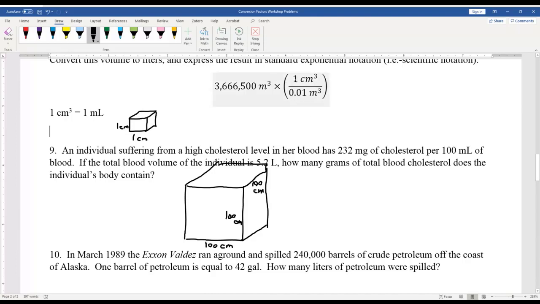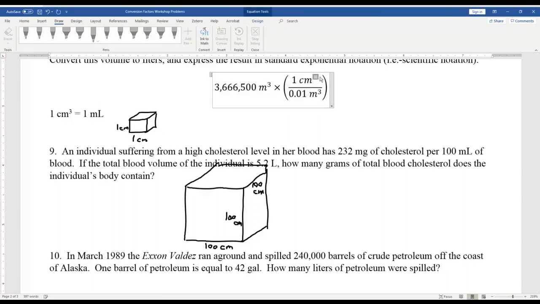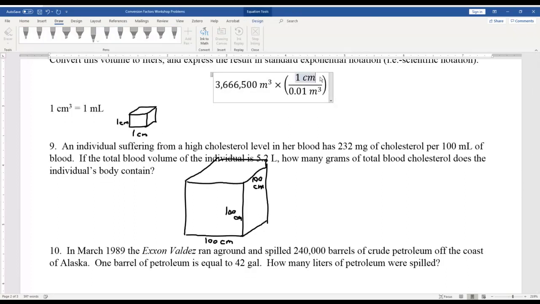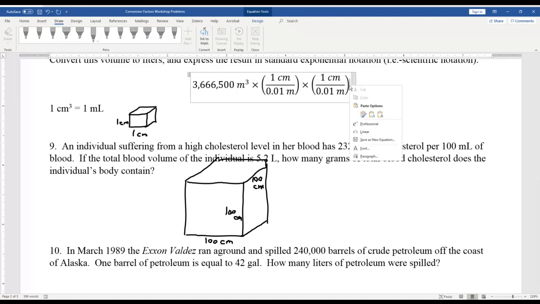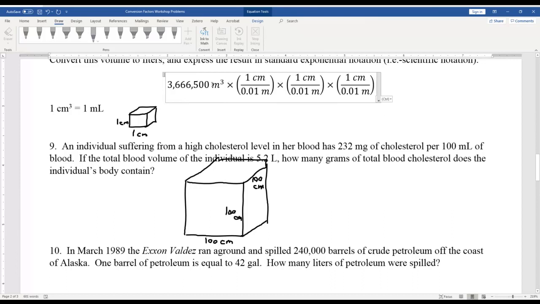So there's two ways to deal with this. I could say that 1 centimeter is equal to 0.01 meters, and what I would have to do is copy this 3 times because I have to cancel out meters 3 times.